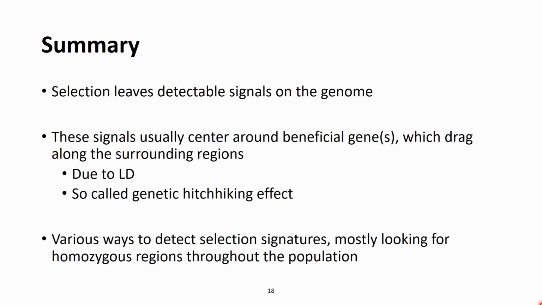Of course, it depends very much on whether you are looking within a population, in which case you are most likely looking for homozygous regions, or across populations, in which case you can use other approaches as well. So here I would like to end this presentation.